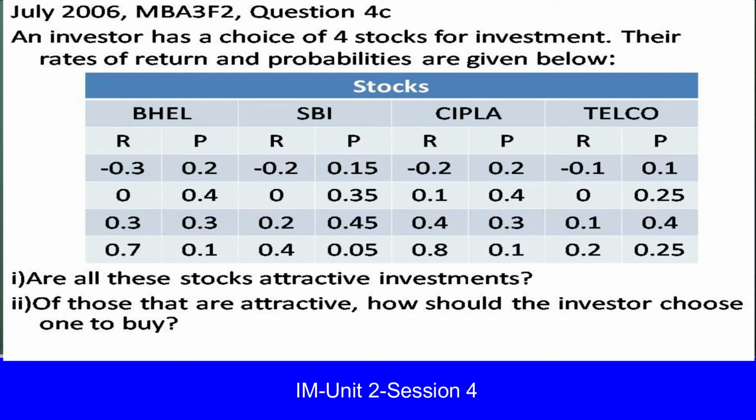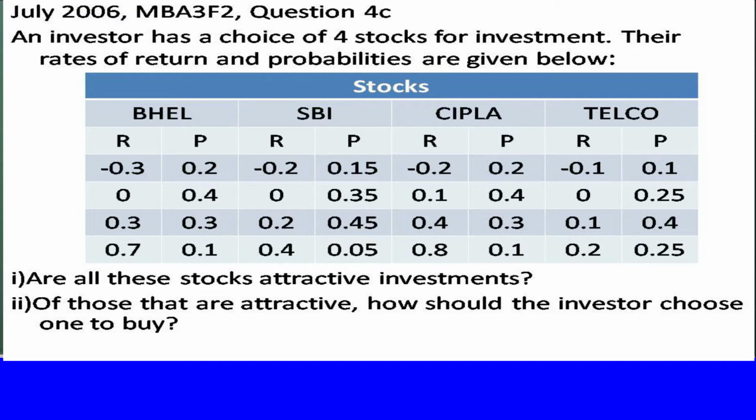And they've given the probabilities 0.2, 0.4, 0.3 and 0.5. So they have given 4 companies but you have to take one company at a time. You can't do it all together.